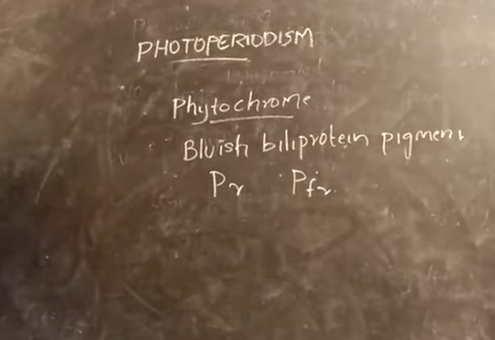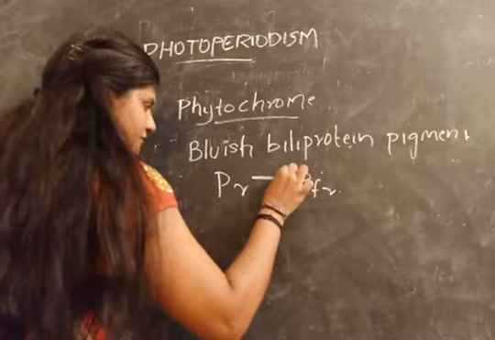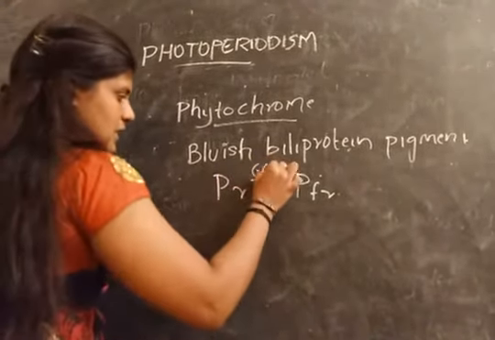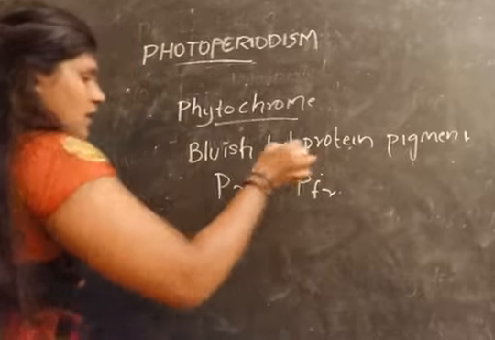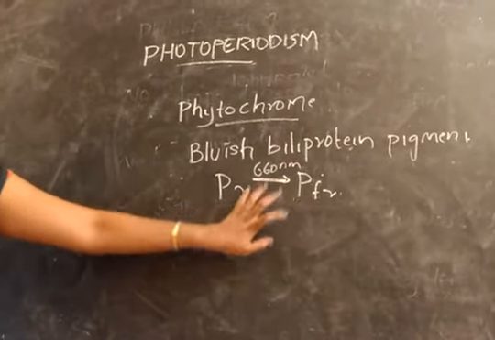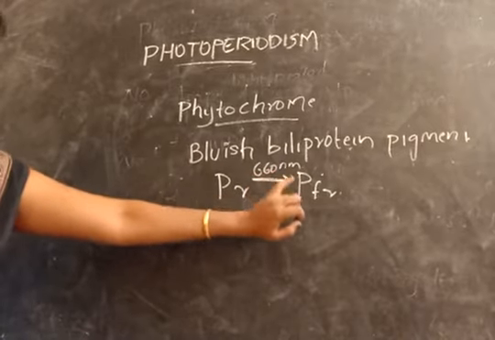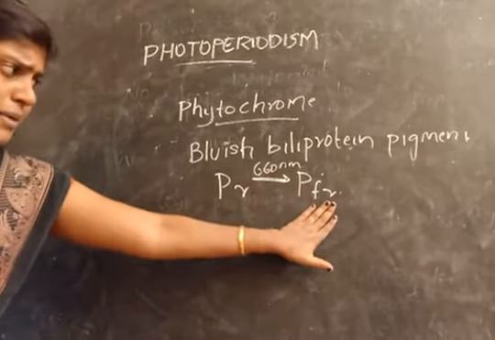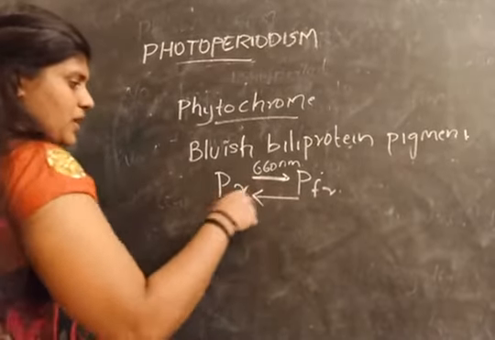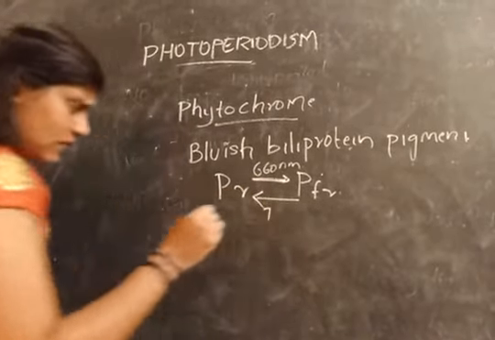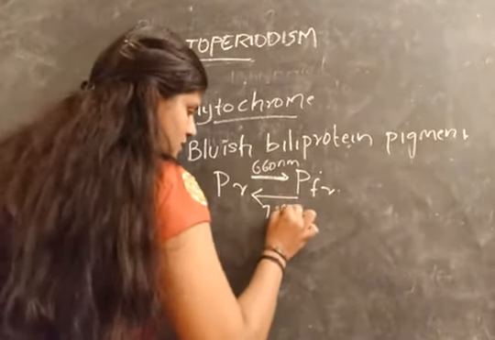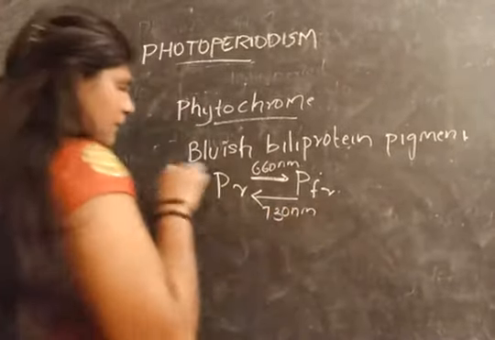The PR absorbs red light of wavelength 660 nanometer and becomes PFR. And the PFR is interconvertible to PR by absorbing far red light of 730 nanometer.